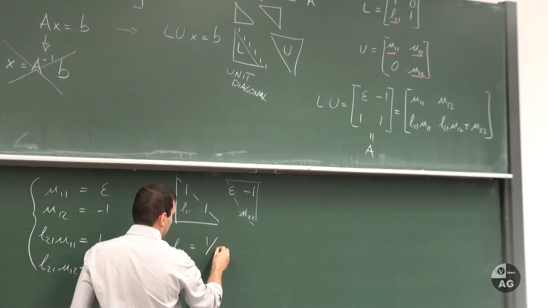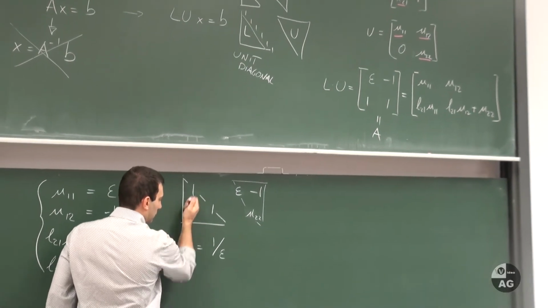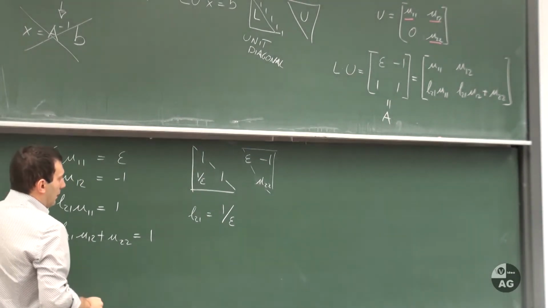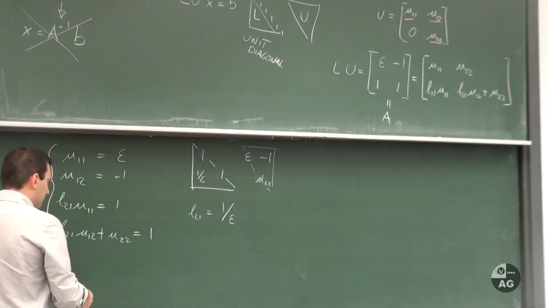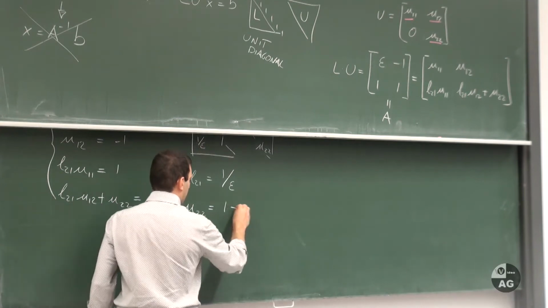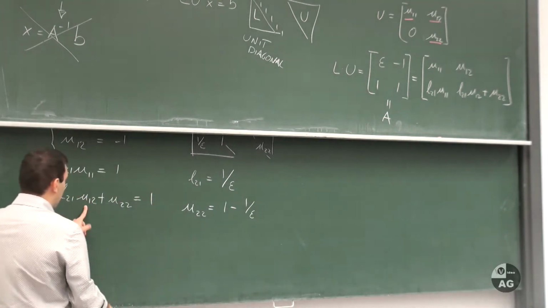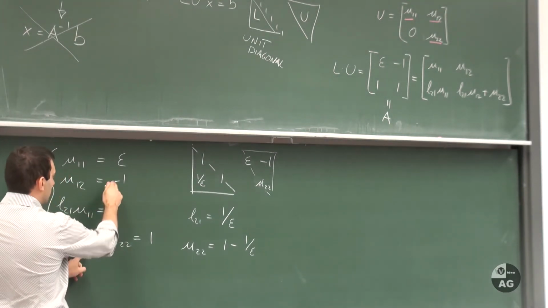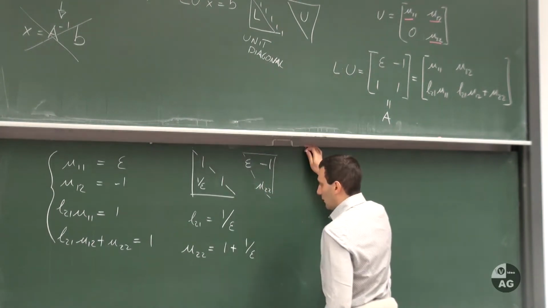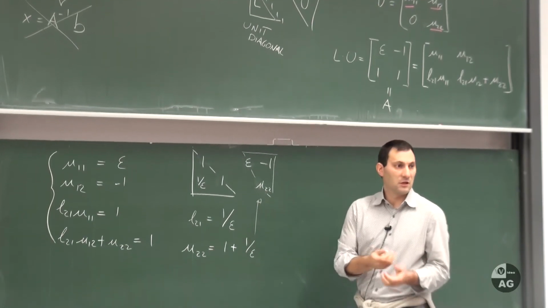U11 we just computed is epsilon. So we can replace this. L21 becomes 1 over epsilon. And now we can compute finally U22: 1 minus L21, 1 over epsilon, U12 we know that it's minus 1, so here we go. And the U22 is here. Okay, so we have computed our matrices.